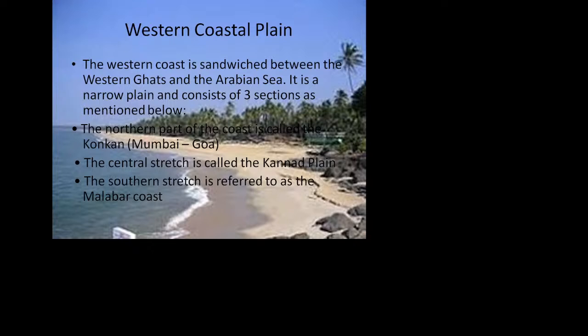Salt water lakes called lagoons are formed on the Kerala coast in the far south. The Chilika Lake is the most important lagoon on the eastern coast of India. It is located in the state of Odisha to the south of the Mahanadi Delta.